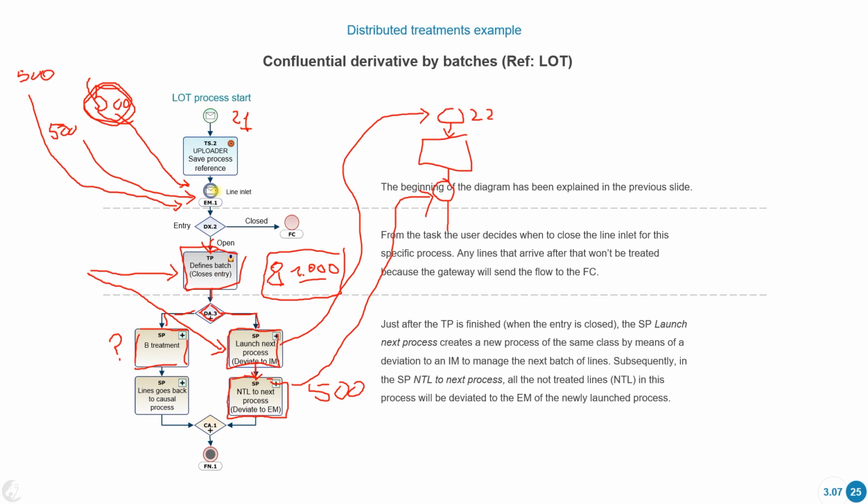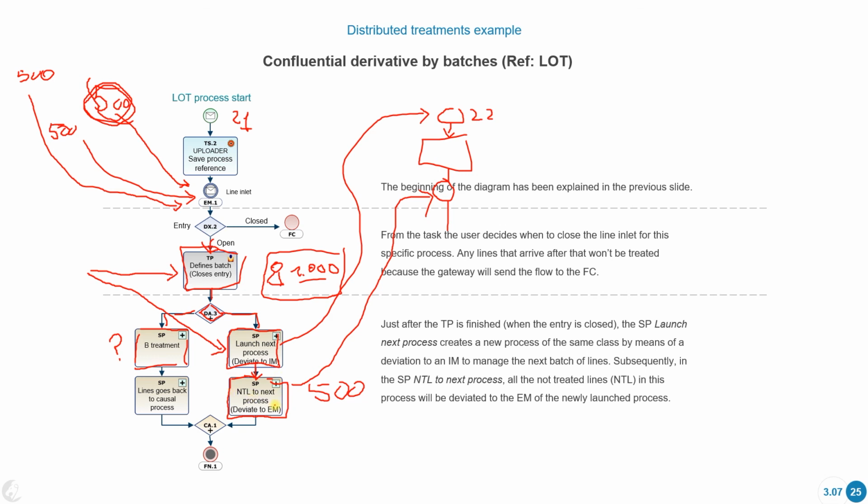So between the moment in which the lines were input here and the moment in which we've activated this process with the reference 22, which obviously is also going to be stored somewhere in a business rule or an old family element, it could be maybe 2 milliseconds, but in those 2 milliseconds maybe these 500 lines have entered, and we have to do something with them.